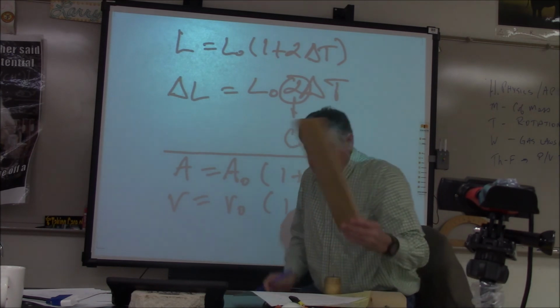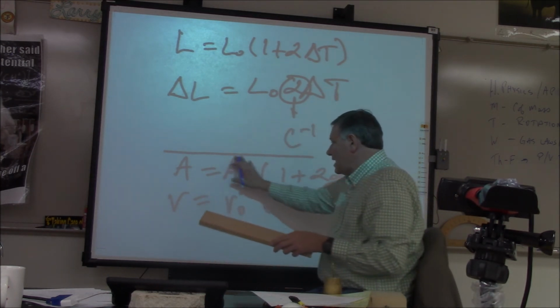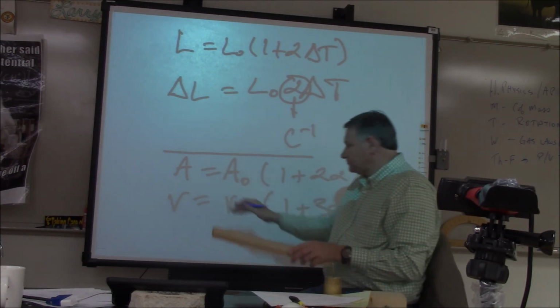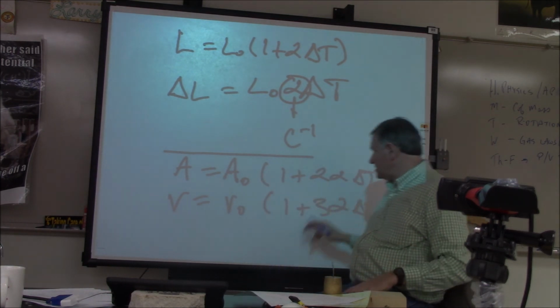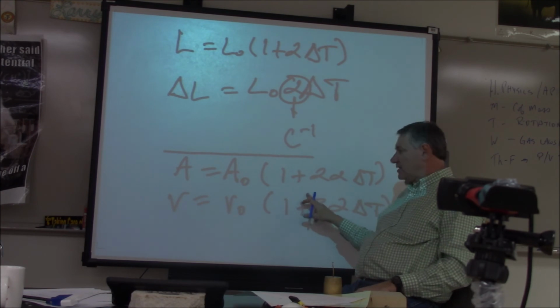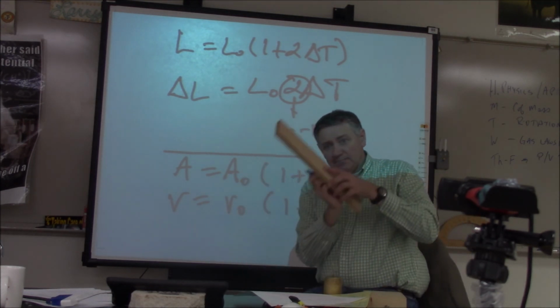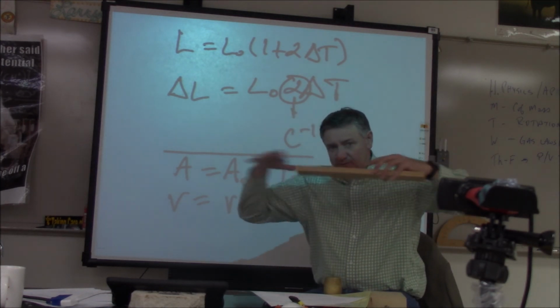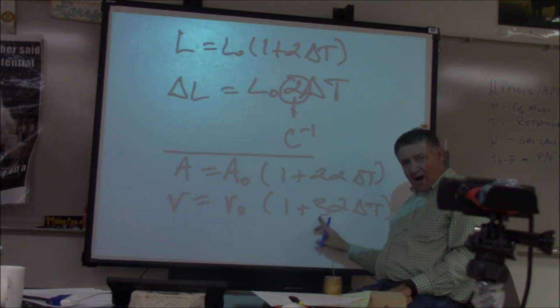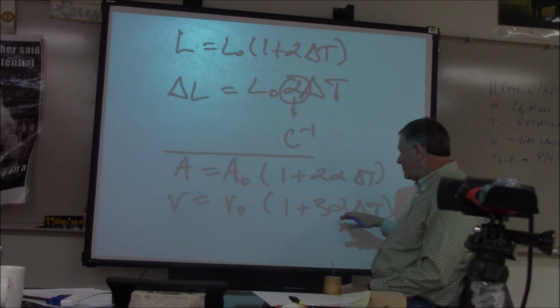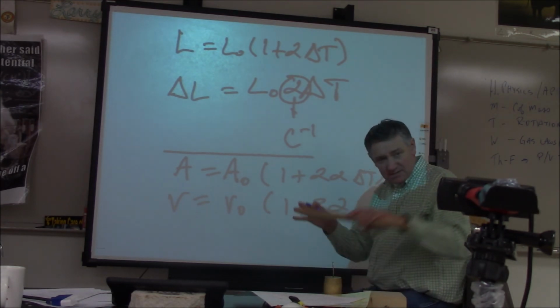If this is a piece of metal, let's say, and this is my area naught, when I heat it up, it's going to expand in 2 dimensions. So this is why the 2 is there. If you're talking about volume, it's going to expand in 3 dimensions. That's why there's a 3 alpha here. Okay? So you've got the 3 alpha because it's volume.